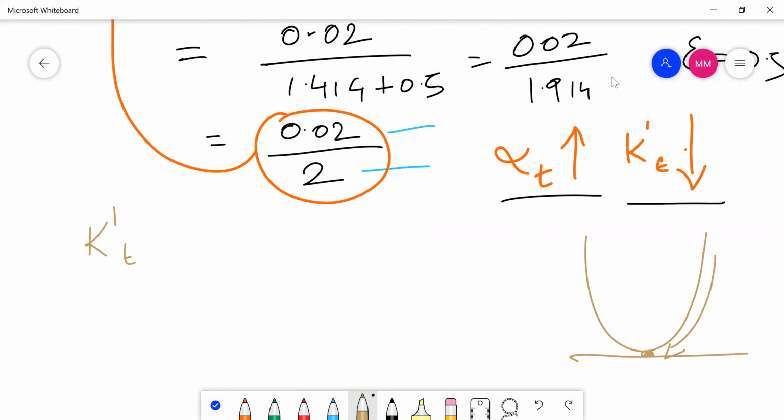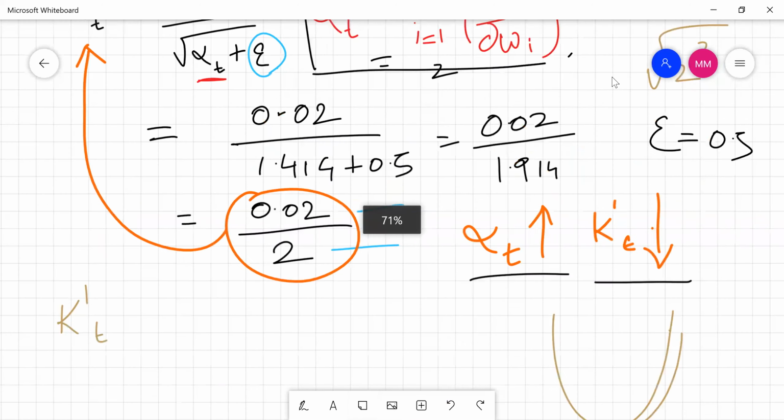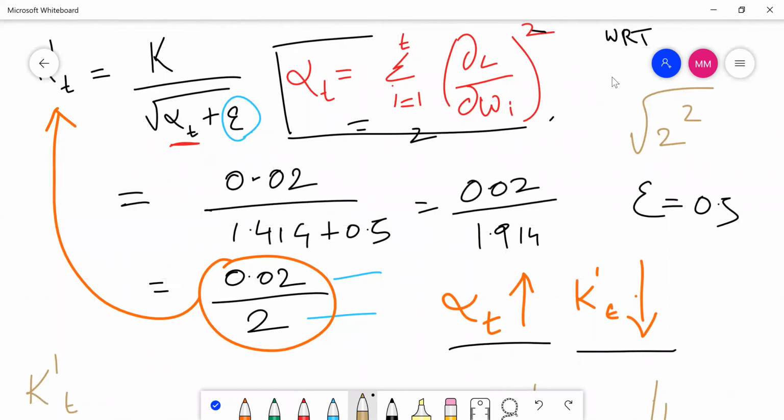As we are doing the square and finding the square root, here we are finding the square, here we are finding the square root, right? By using this, this alpha t value will change.